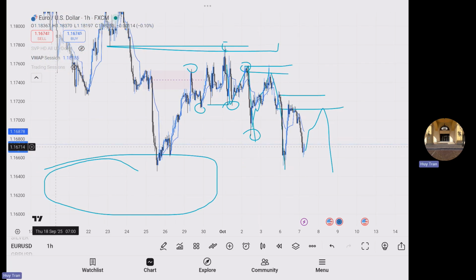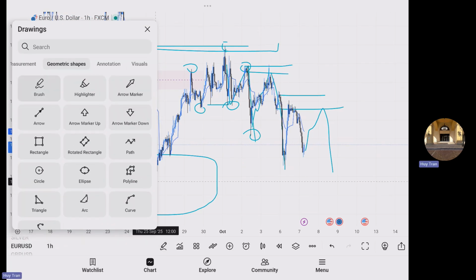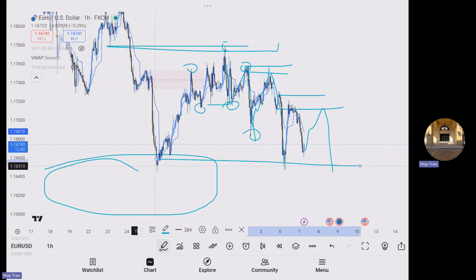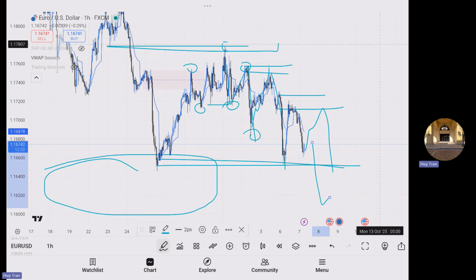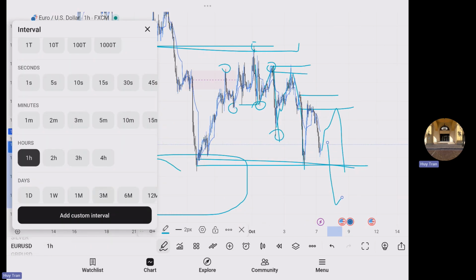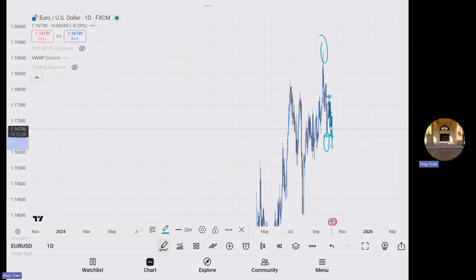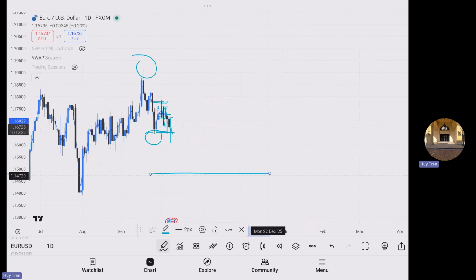Again, this is a pretty good area to watch. I think price is going to break this and go further down before it moves up, because we can see this on a higher time frame, where price action and the momentum are going. Well, I hope it helps, and thank you for listening in.